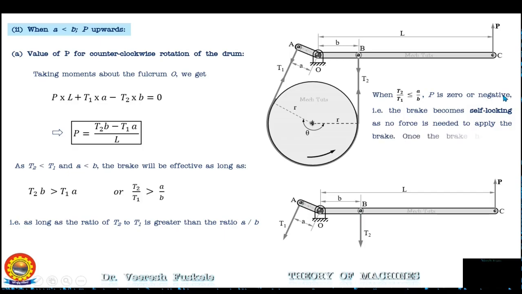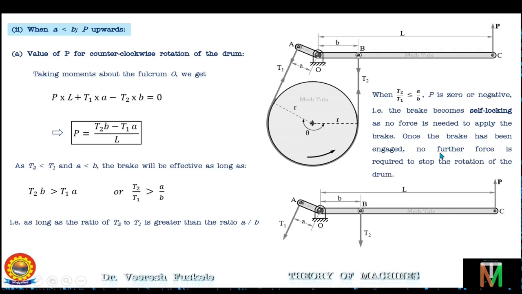That is, the brake becomes self-locking as no force is needed to apply the brake. Once the brake has been engaged, no further force is required to stop the rotation of the drum. So in case A is less than B and P is acting upwards, if T2 upon T1 is less than or equal to A upon B, then this configuration of the brake will be self-locking.